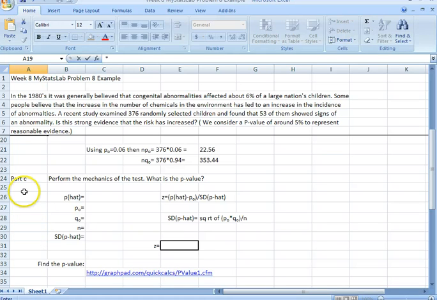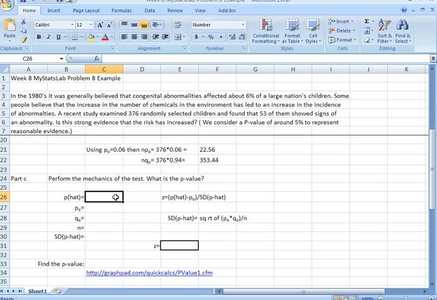Now we can move on to Part C. We're asked to perform the mechanics of the test and find the p-value. For that, we're going to find the standard deviation, the z-score, and then the p-value. The first thing we need is p-hat, using the numbers from our study, 53 and 376.